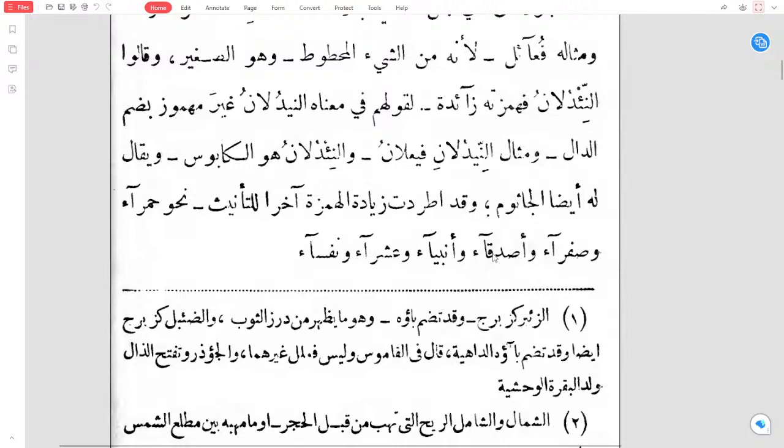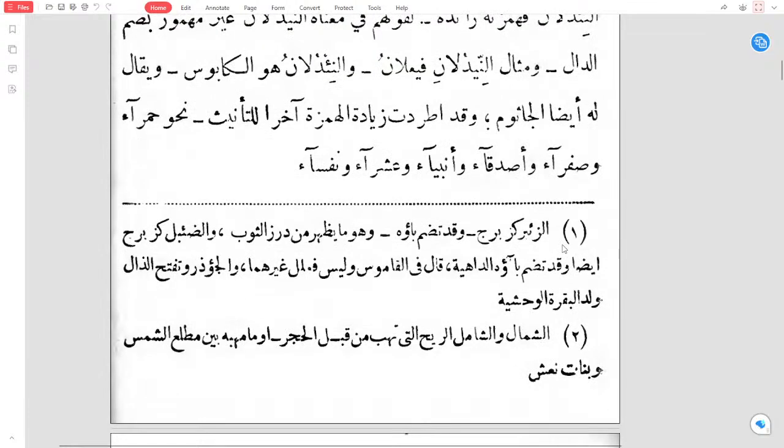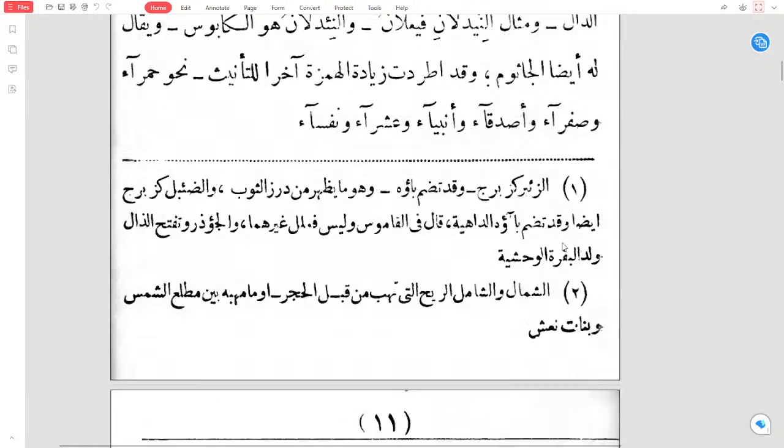That is for جمع. أصدقاء وأنبياء وعشراء ونفساء. عشراء and نفساء will be classed as feminine words. نفساء would mean the one after the woman gives birth and the bleeding, postnatal bleeding.